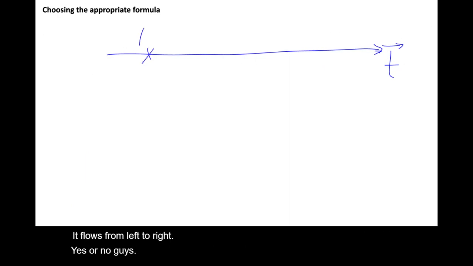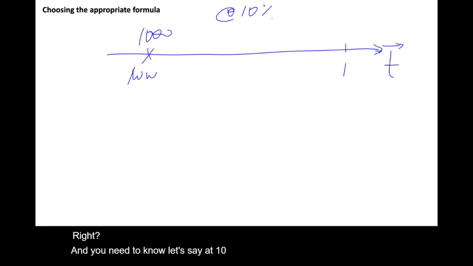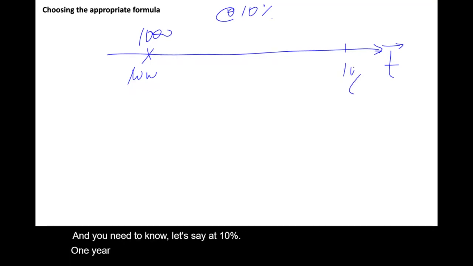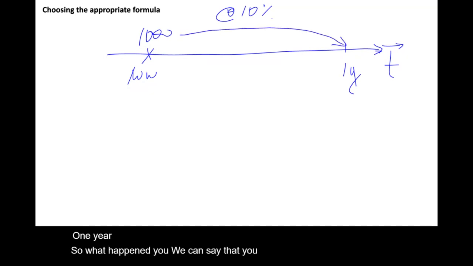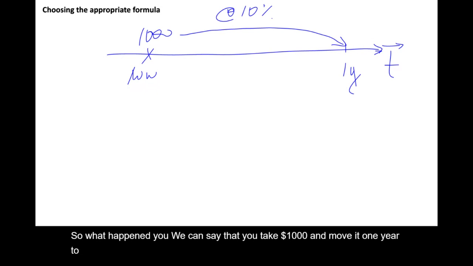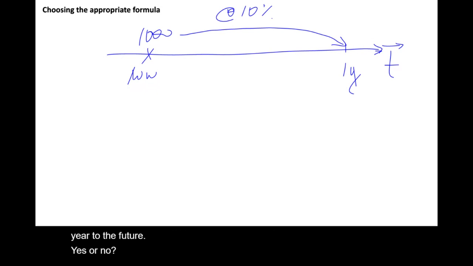So if you have $1,000 here, and you need to know, let's say at 10%, 1 year. So what's happening? We can say that you take $1,000 and move it 1 year to the future. Yes or no, guys? Yes. So that's the amount.